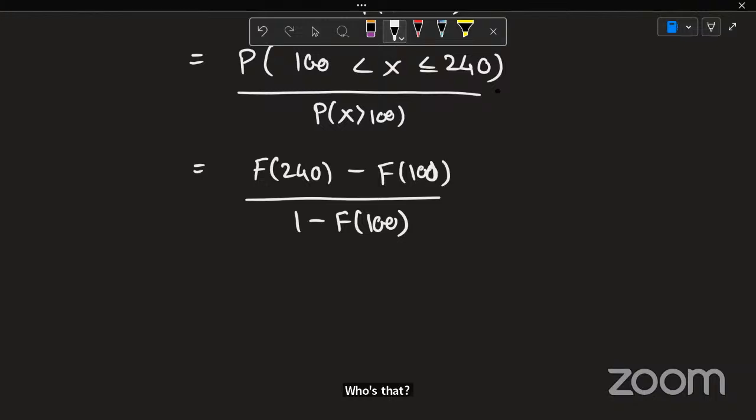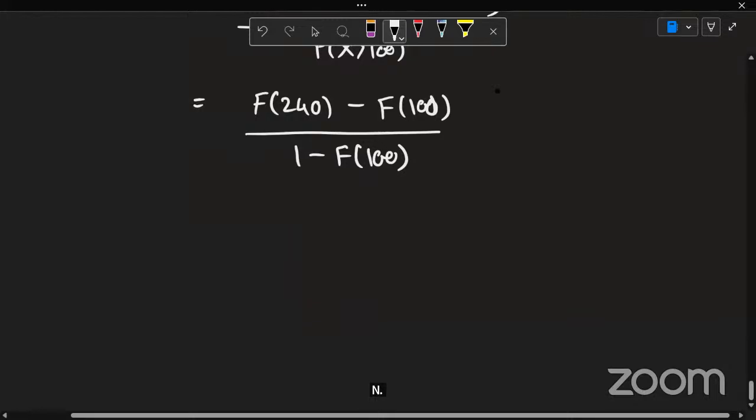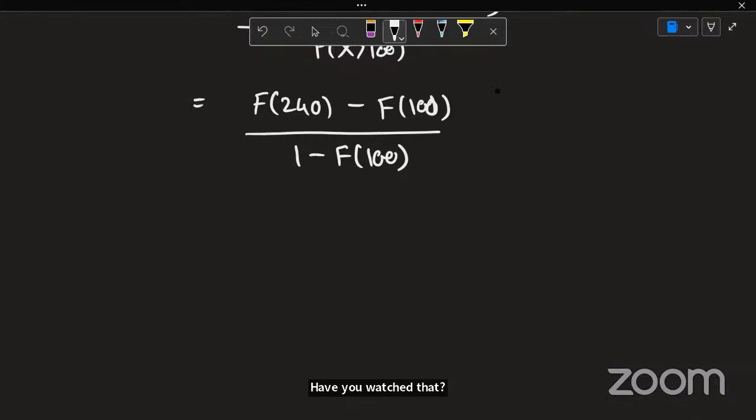There were two fully dedicated sessions for that, PMF, the graph views and everything. Have you watched that? Yes, ma'am. I'm asking, can we approach this problem with the graph, meaning, can we put it under the curve and see how much? Yes, it's possible. Every question is possible to put in a graphical manner.